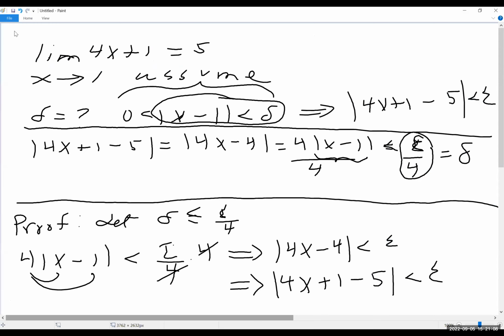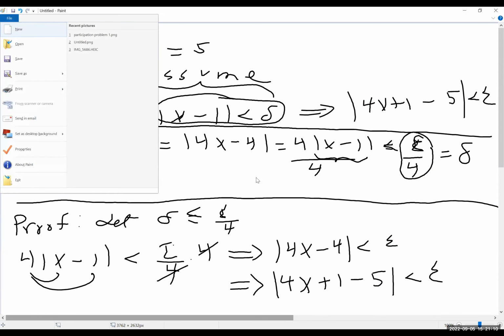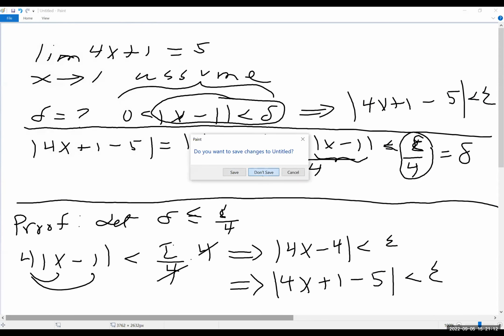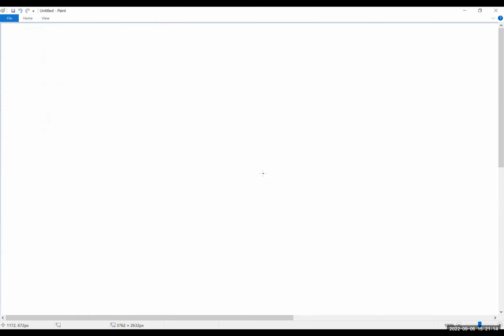Okay, let's open a new paint screen. All right, so this is the limit of x squared is equal to 4 as x approaches 2.